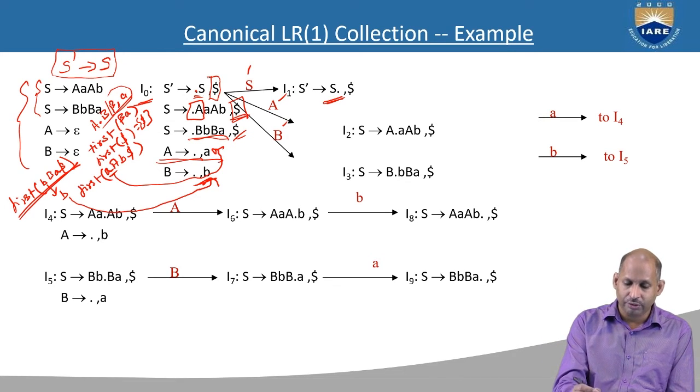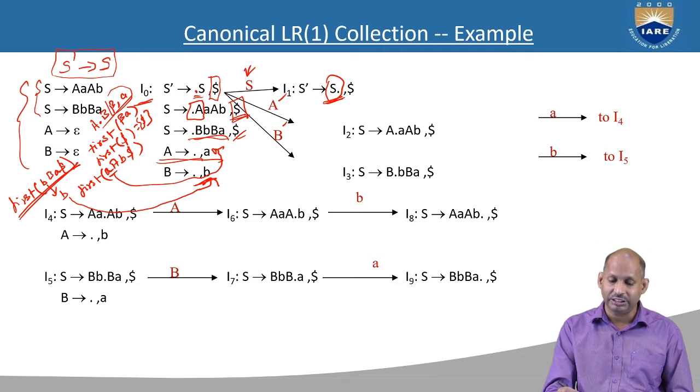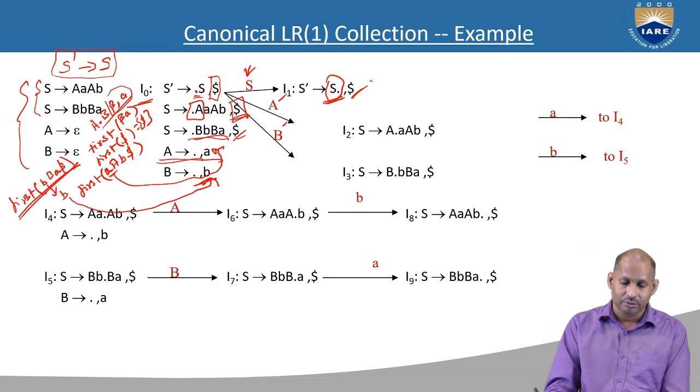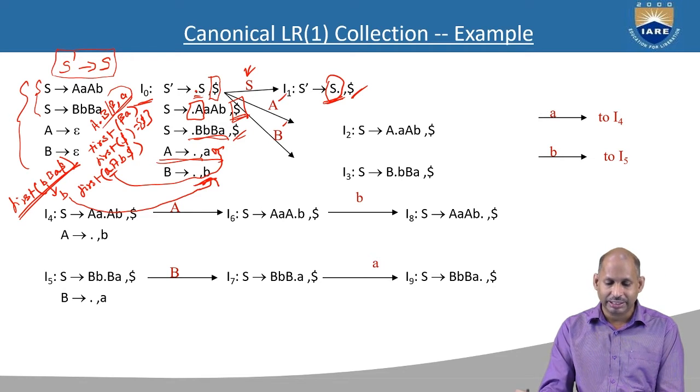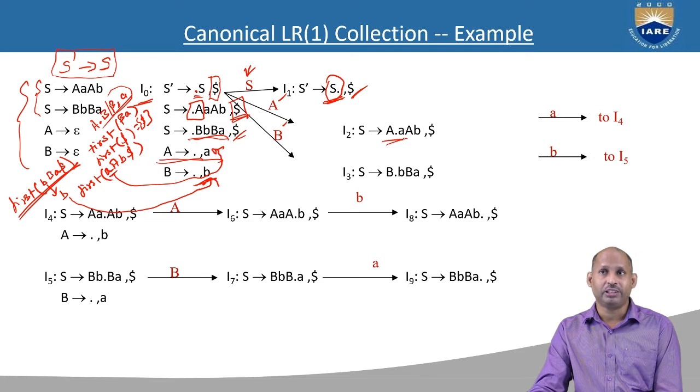On goto operation of S, the dot S will become S dot. So when the dot is moving from left to right, we won't change the terminal dollar. It will be as it is. Then another variable is capital A. In this case, it will become dot A as A dot, dot followed by terminal.